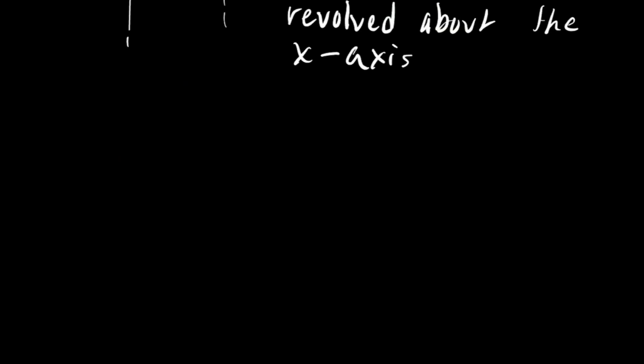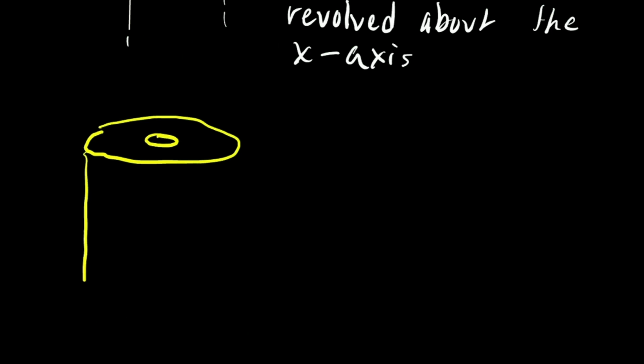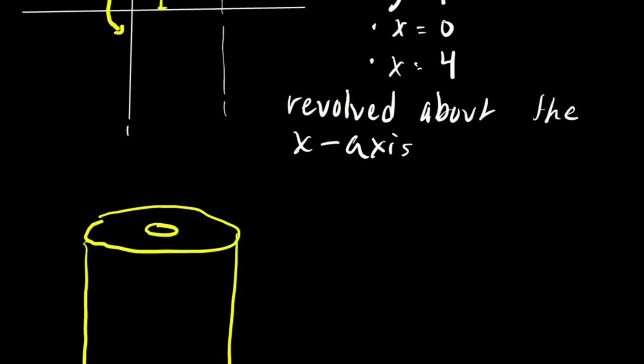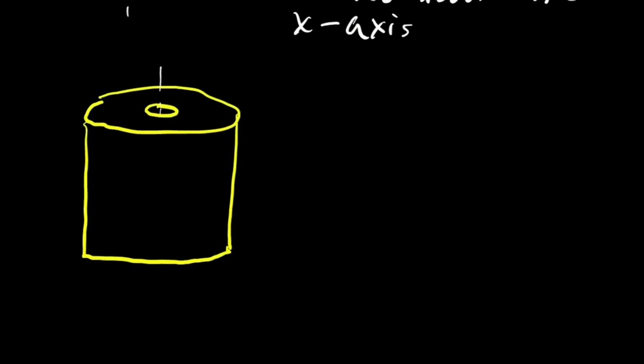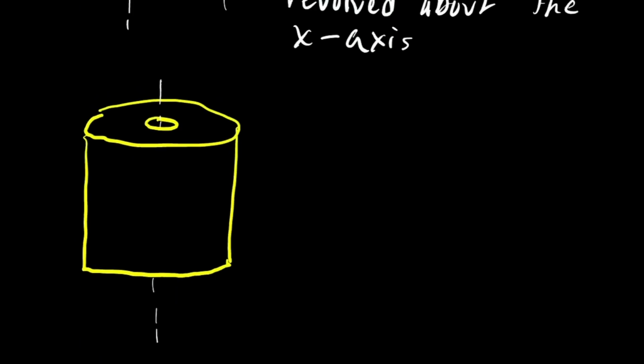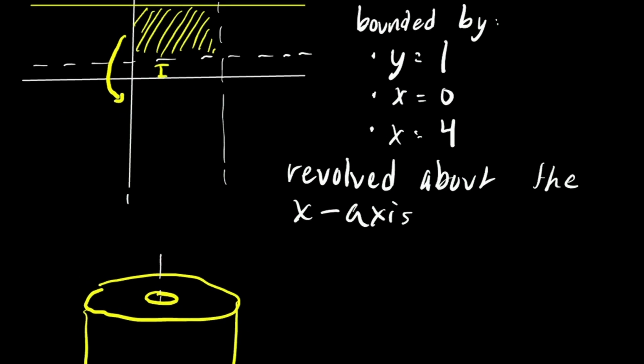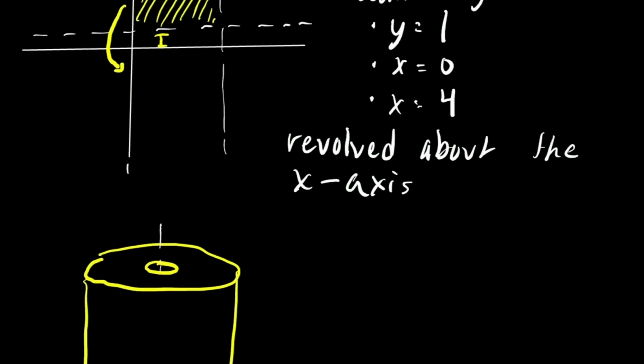So this would actually generate a cylinder with a hole in it. So it looks like a toilet paper roll. So if we're looking at it rotated around, this distance here would be our f of x, and that distance here would be our hole.